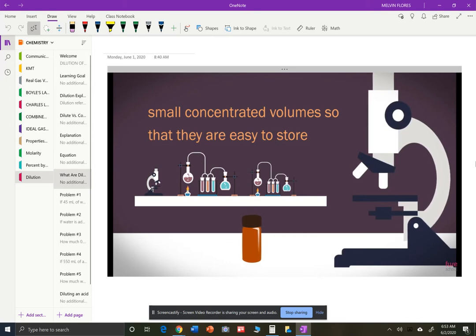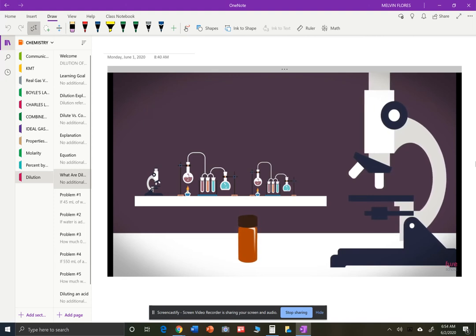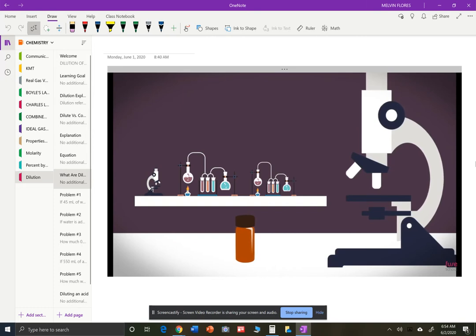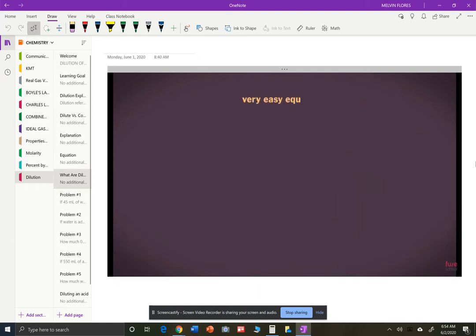You then need to dilute them to a known lesser concentration to use them, such as for titrations. But dilutions are really important for many other things too, such as for doctors and in microbiology. The good news is that there is a very easy equation to help us calculate dilutions.